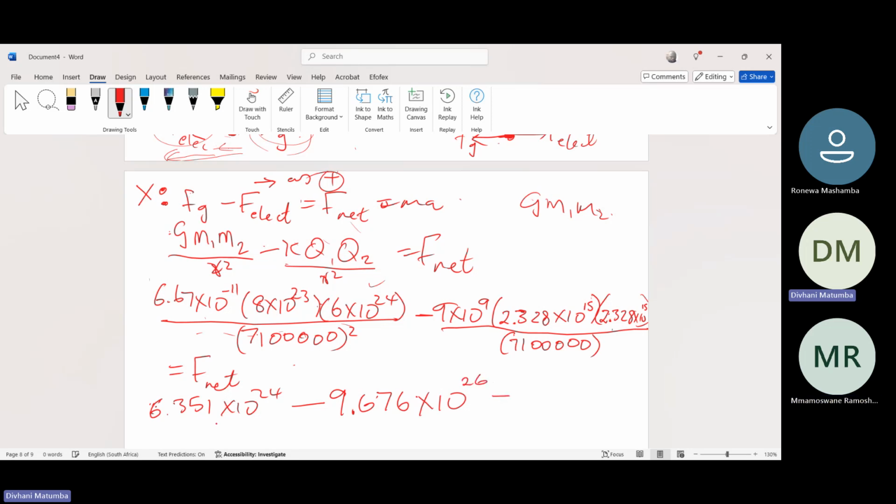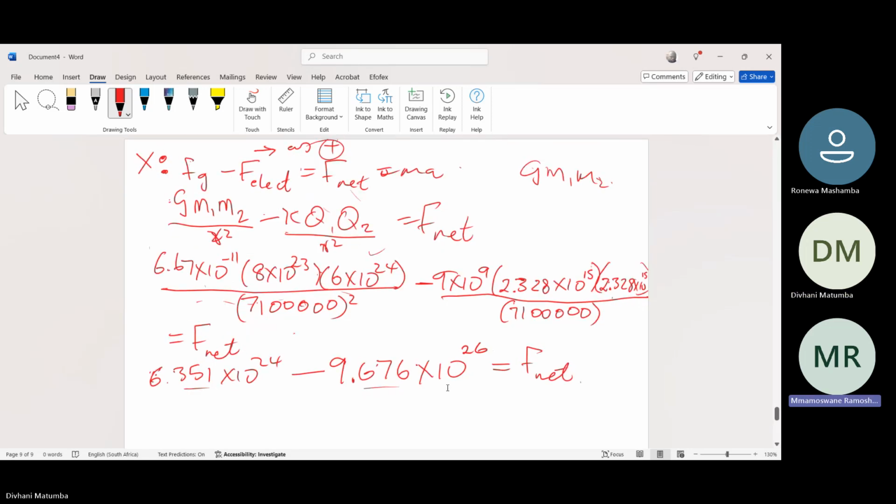Which one is bigger, this one or this one? I think it's the first one. Is the first one not bigger? Is 9.676 times 10 to the power 26 not negative?